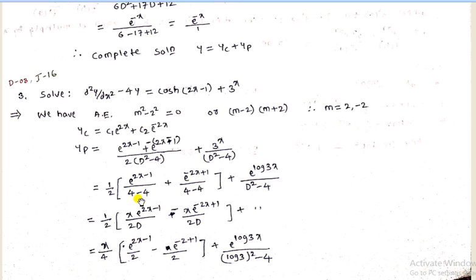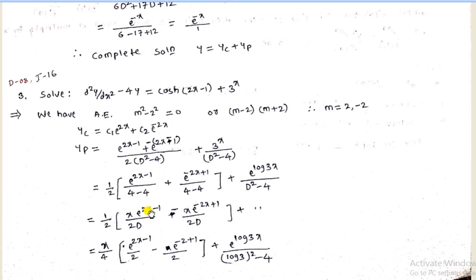In the first case the coefficient of x is 2, so replace D by plus 2, and here replace D by minus 2. The denominator becomes 0, so we differentiate D square minus 4 and multiply by x. The differentiation of D square minus 4 becomes 2D, and here also 2D. So multiply by x, and the second term is kept as it is.